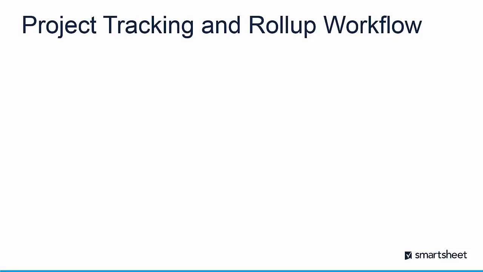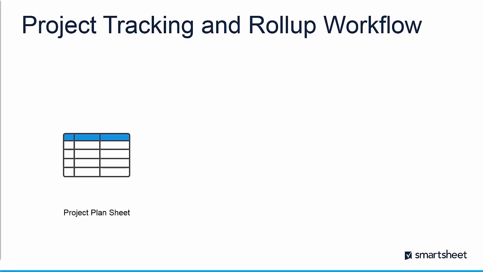The template set that we're covering today is the Project Tracking and Rollup template set. To start things off, I want to give you the high-level overview of what the components are. The first piece is a simple project sheet. In this project sheet, we've added things like filters and formulas and the Gantt timeline, and we've even added some notifications.